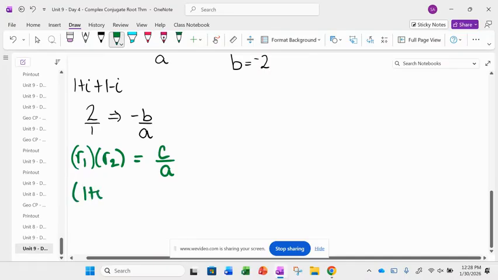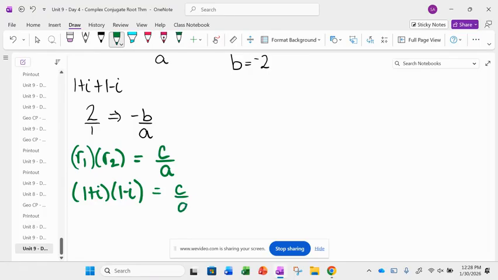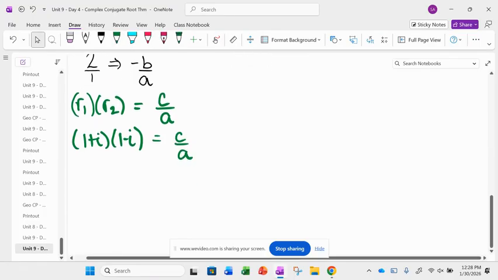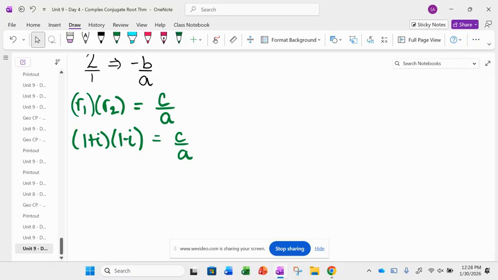So I have 1 plus i times 1 minus i. Now remember, when I multiply these conjugates, it's not a squared minus b squared. Because of the i, doesn't it end up becoming a squared plus b squared? So it becomes 1 plus 1, which is 2.